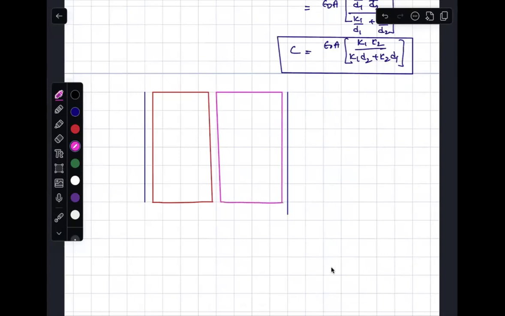Assume here the charge is plus Q, here the charge is minus Q. Here the charge is minus Q1.